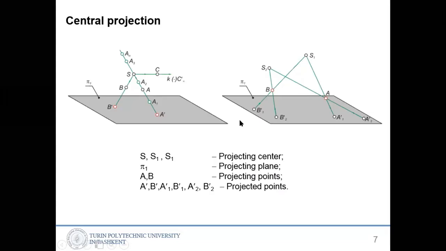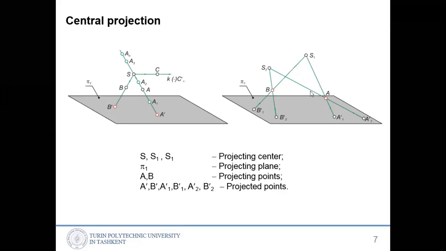So here you can see a different example. Point A and point B are given, but you can see two centers are given also, S1 and S2. How to project it? If you project point A using the S1 projecting center, you will get A1 dash.